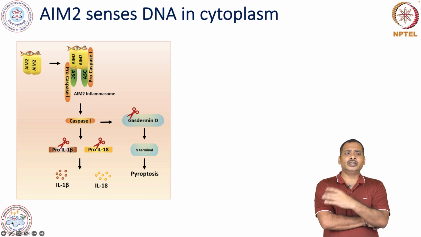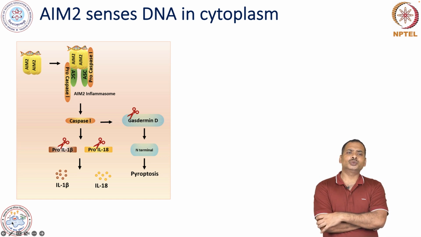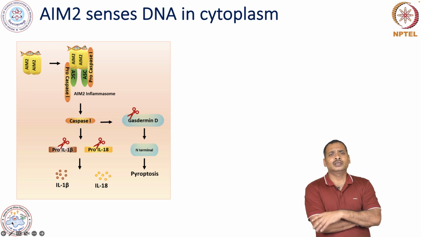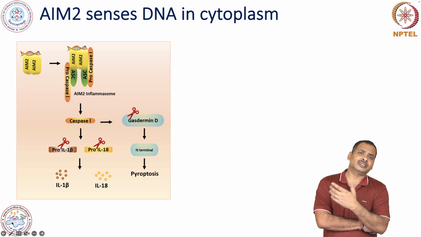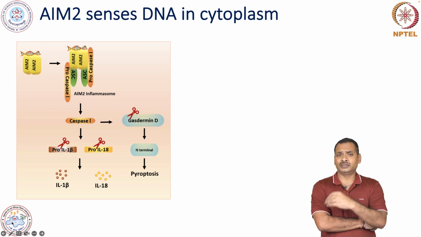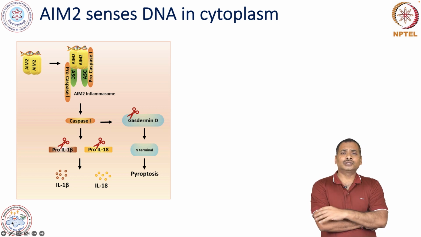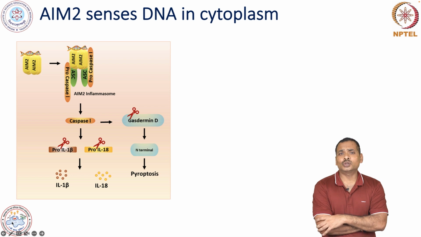Here you can see the AIM2 inflammasome, which consists of the ASC molecule, as I discussed when I was discussing the NLR signaling pathway, and it is also associated with procaspase.